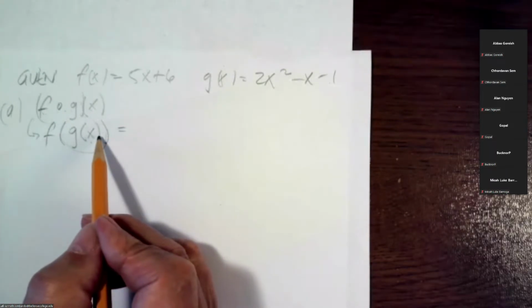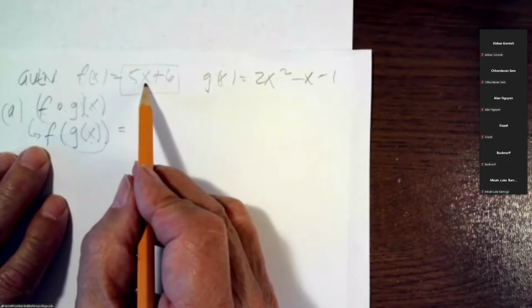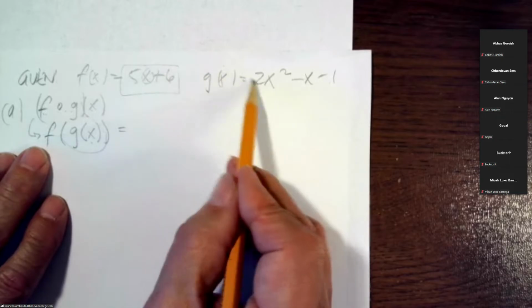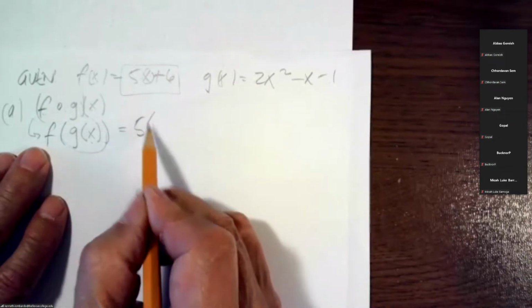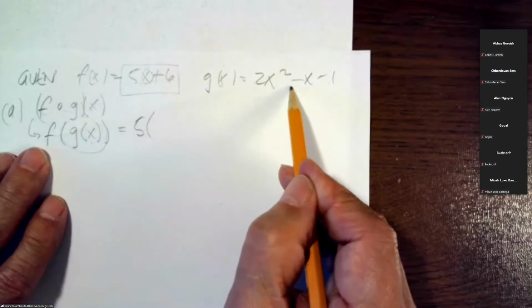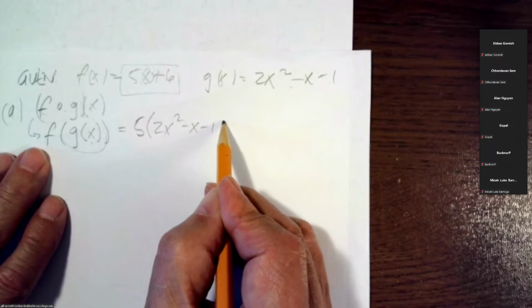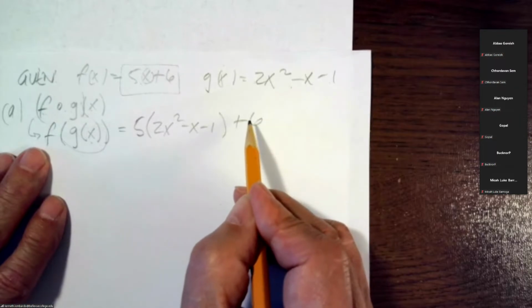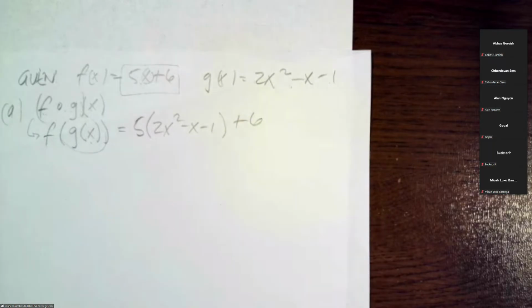So in that situation, we're going to take f of x, and everywhere we find an x, we're going to put g of x. So we're going to say 5, and then where we have an x, I'm going to put g of x, 2x squared minus x minus 1, plus 6. Okay, that makes sense so far?